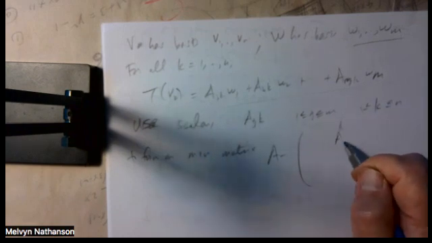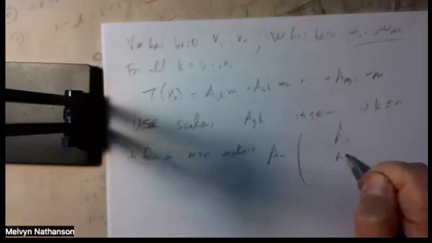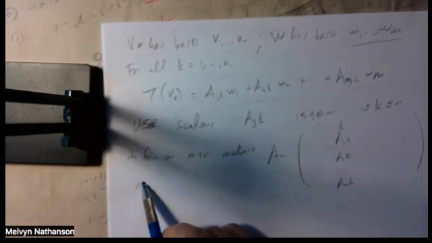So this is A1k, A2k, down to Amk. There are m rows in this matrix and there are n columns.